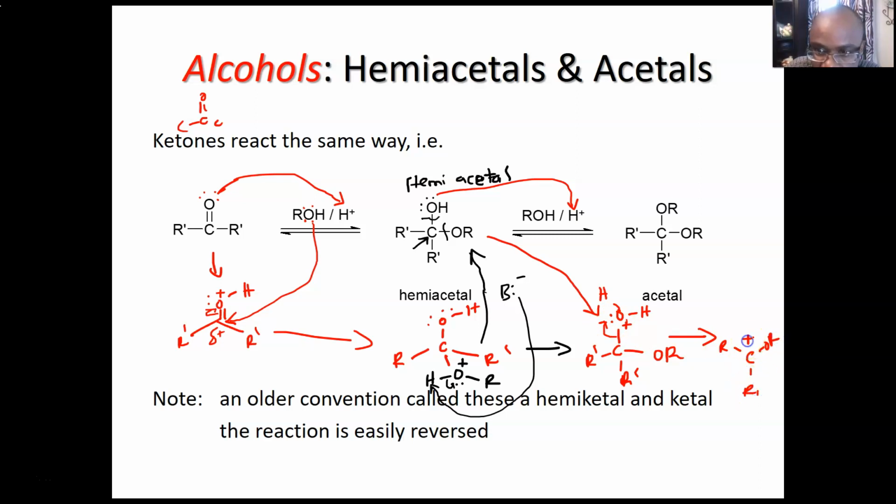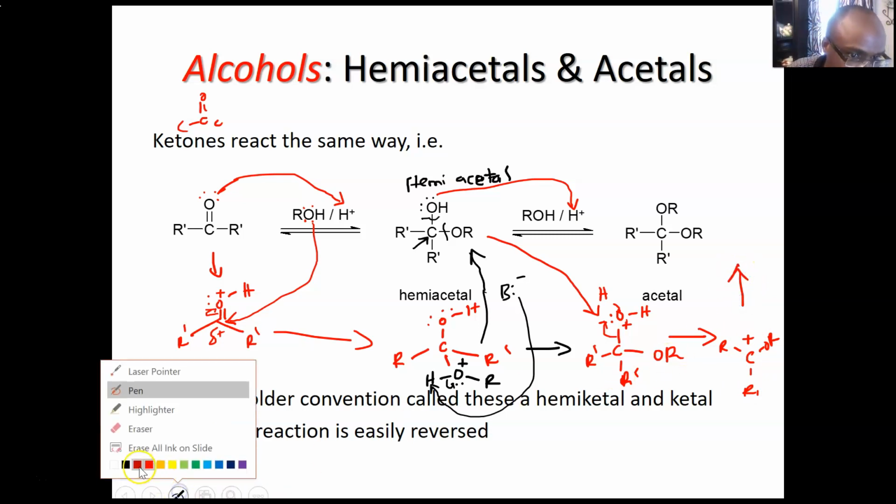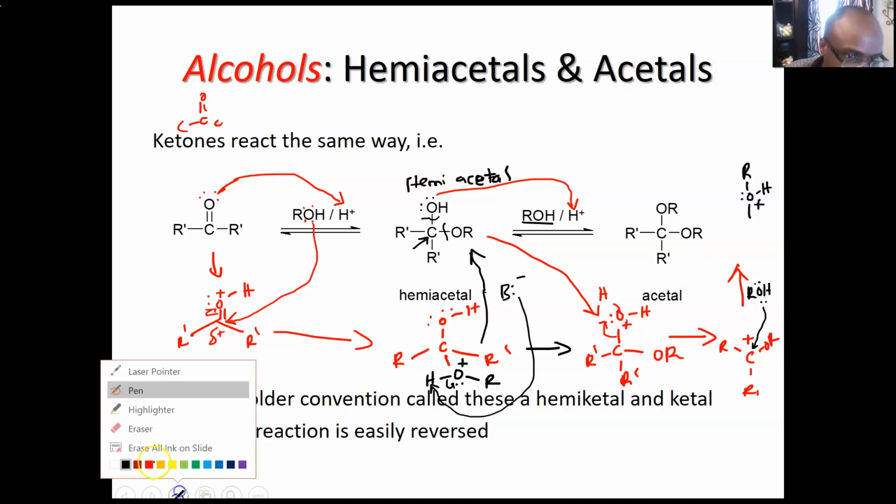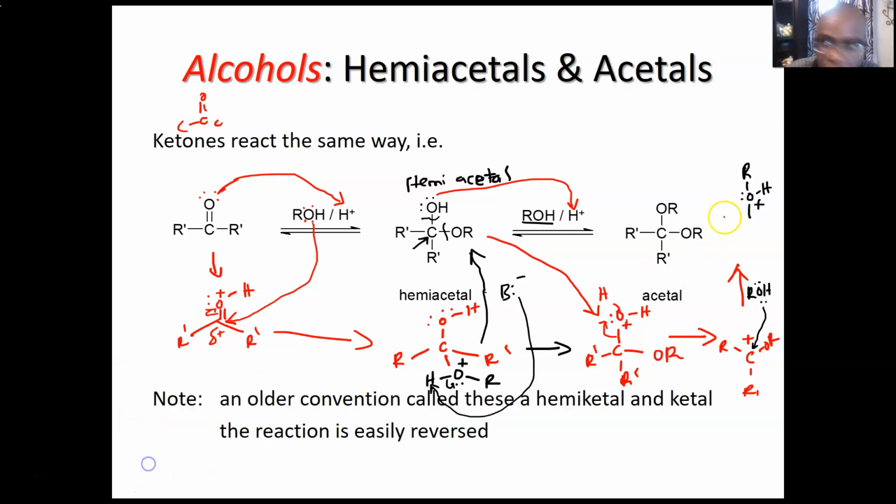Okay, so carbocation intermediate, in which case now your alcohol is very happy to come and attack, the second molecule of the alcohol. We'll use its lone pair to attack the carbocation. Then you're going to get your alcohol with the oxygen positively charged, bonded to the rest of the structure of the carbocation.